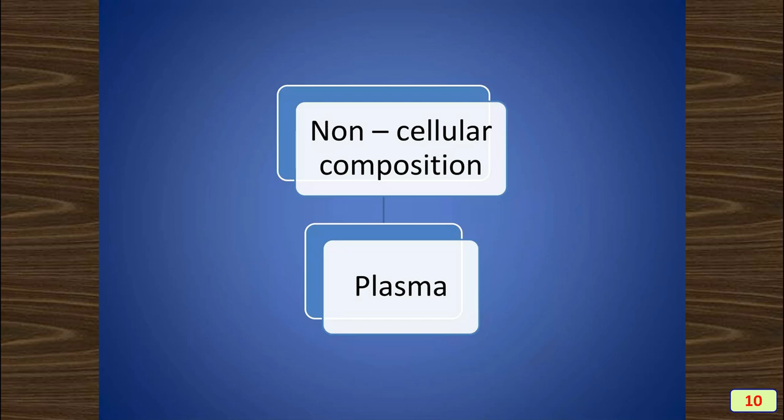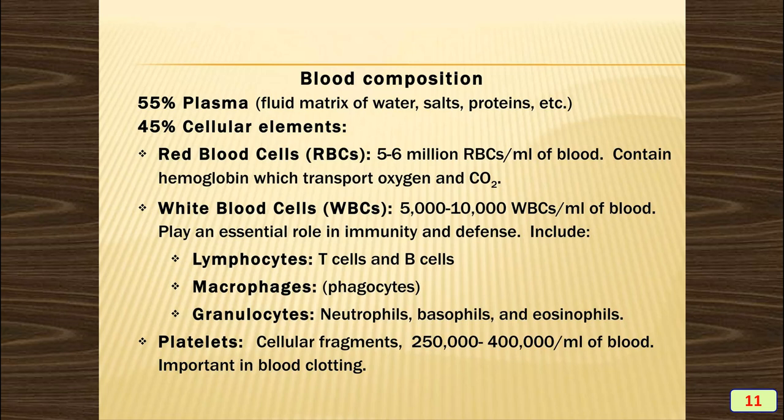And the non-cellular composition is the entire plasma. Blood is composed of 55% plasma, that's the fluid matrix of water, salts, proteins, etc., and 45% cellular elements.